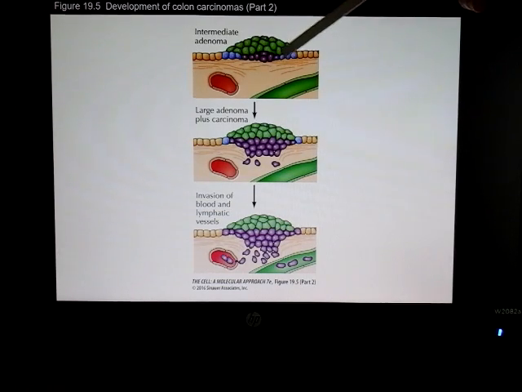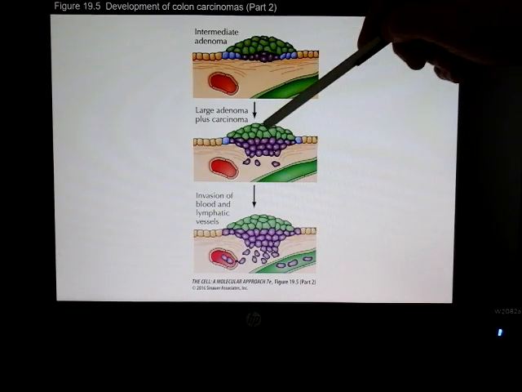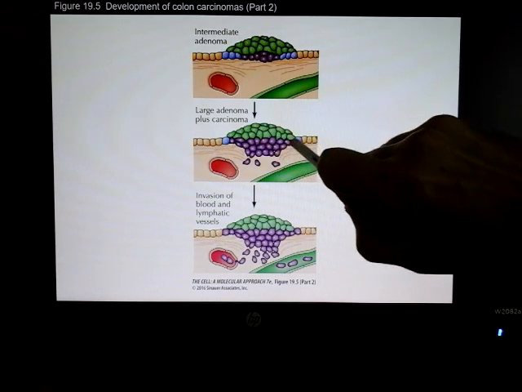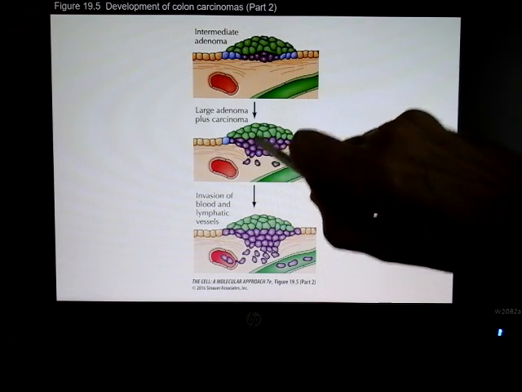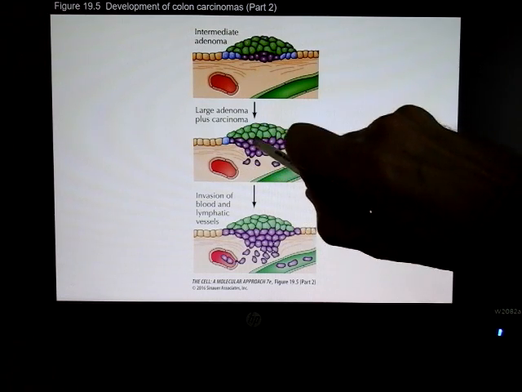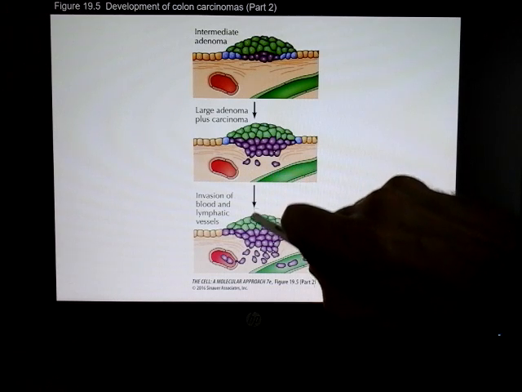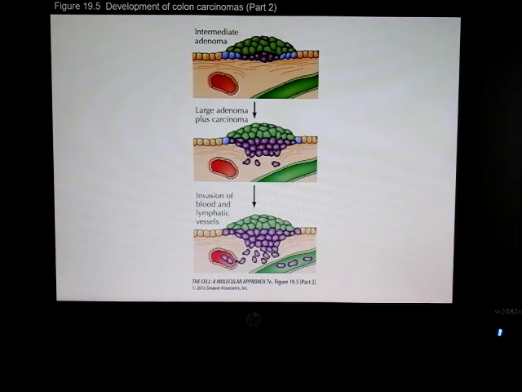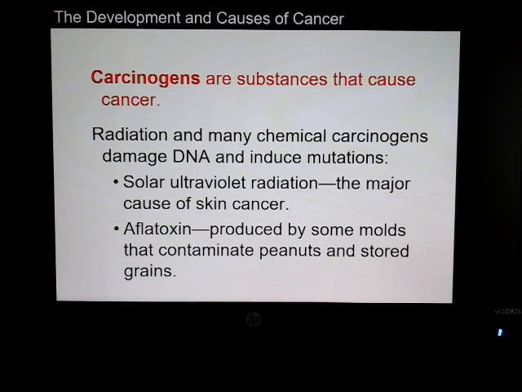As time goes on, you can see that it gets larger, and eventually you're starting to break down then, or the cells are producing different enzymes to actually move and eventually can get into the lymph and the blood vessels.